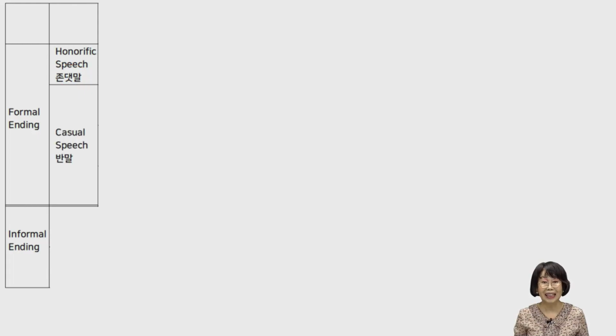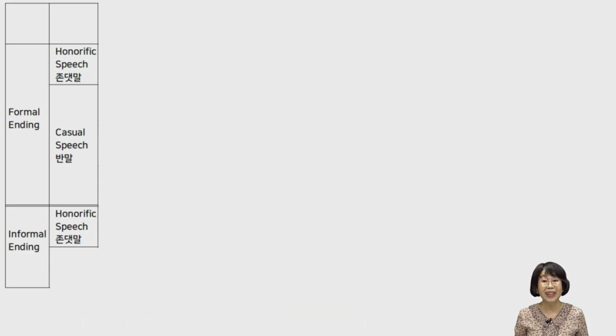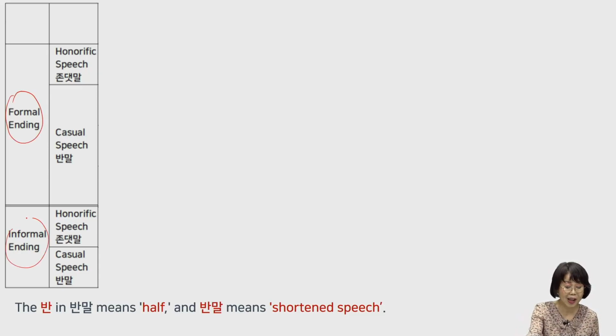Casual speech is 반말. The 반 in 반말 means half, and 반말 means shortened speech. It means it is not the honorific speech. Broadly, we have formal ending and informal ending. Each has honorific speech and casual speech.